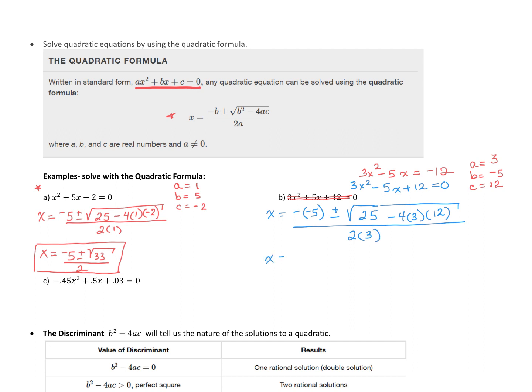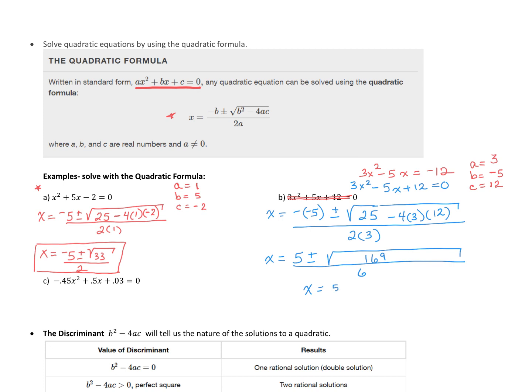So simplifying, we're going to get 5 plus or minus the square root of 25 plus 4 times 3 times 12, which is going to give us 169, all over 6.